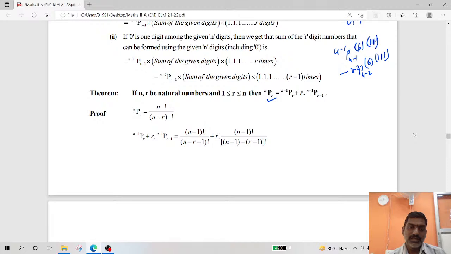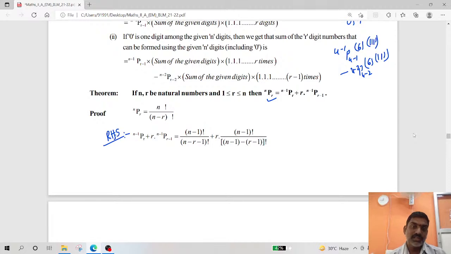So let us take the RHS and simplify it. (n minus 1)Pr is (n minus 1) factorial divided by (n minus r minus 1) factorial, plus r times (n minus 1)P(r minus 1), that is (n minus 1) factorial divided by (n minus 1 minus (r minus 1)) factorial.